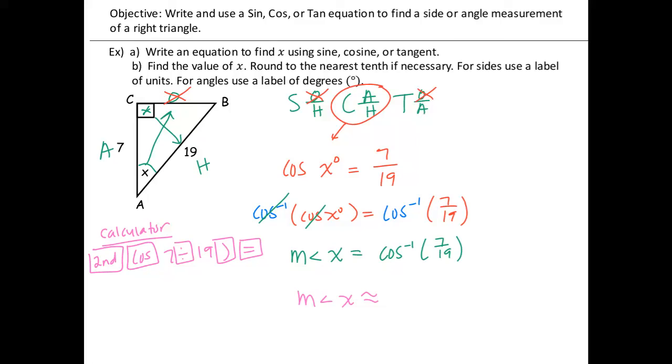In 3, 2, 1. 68.4. And what am I missing in my answer? Degree symbol. Don't forget the degree symbol here. Okay? All right, good.